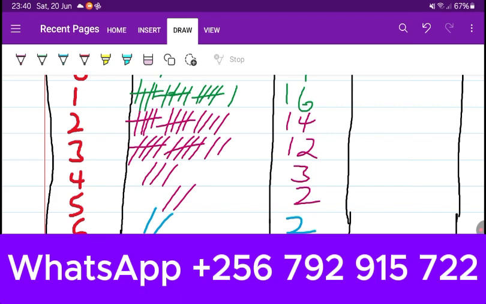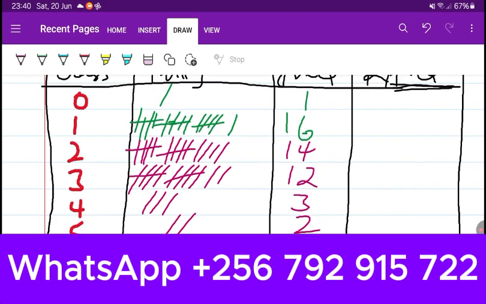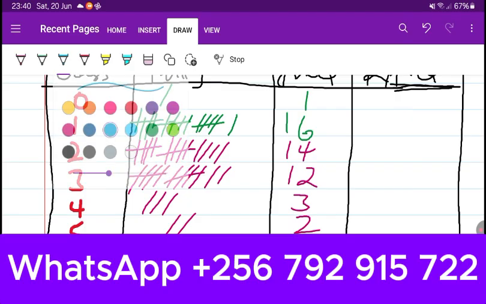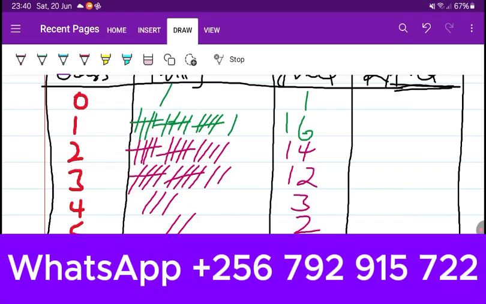So they are 19. When you add a 1, that becomes 20. The whole of these ones are 20.